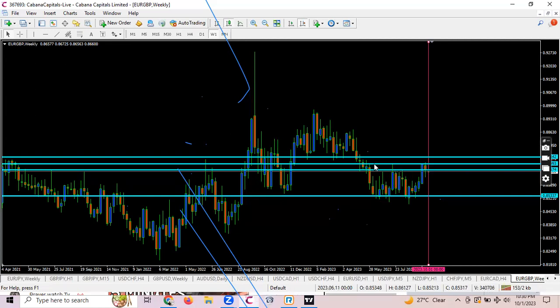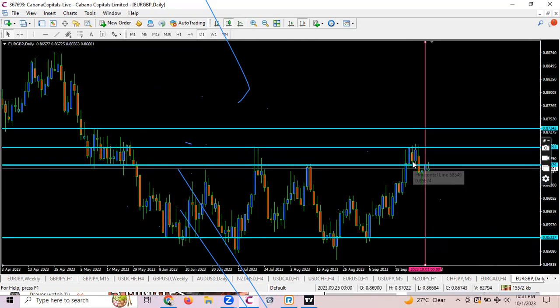Go back and see if that level was a resistance, or if you have stop losses or buy stop orders at that level. You should know that that was just manipulation, or stop loss hunts. You can see after they hunted the stop losses at this level, what happened? They pushed price back into that range. Let's go to daily.